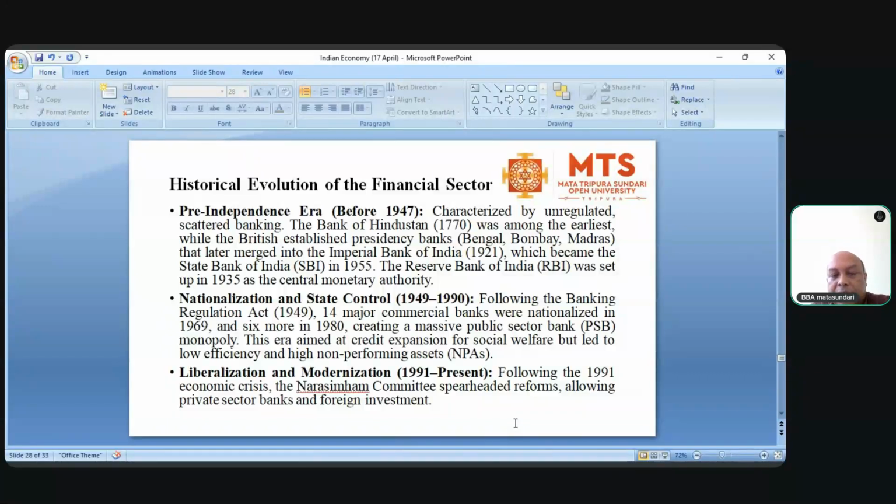And thereafter, after 1991, the Indian government opened up the banking sector and also allowed the private sector to enter banking. The Indian government also introduced various policies for reducing non-performing assets and increasing productivity of public banks.